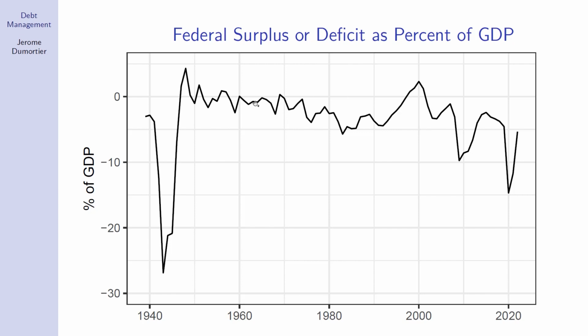And all the remaining years were characterized by a deficit. A note here, you can see that since the 2000s there is not a downward trend in terms of deficit, but that the deficit gets larger and larger compared to the GDP.